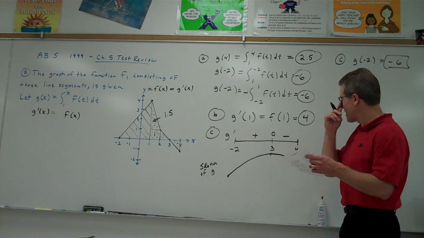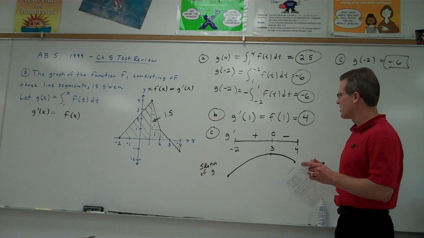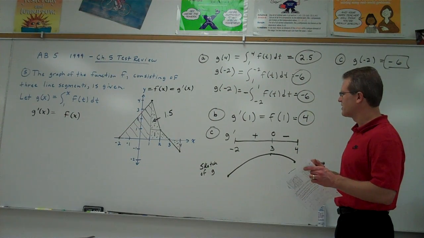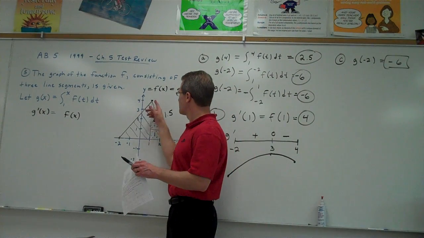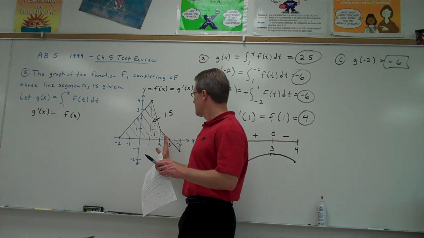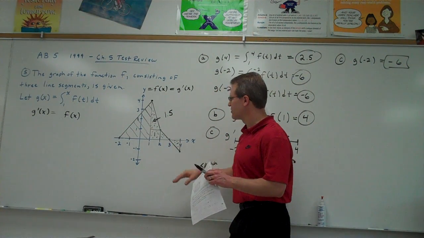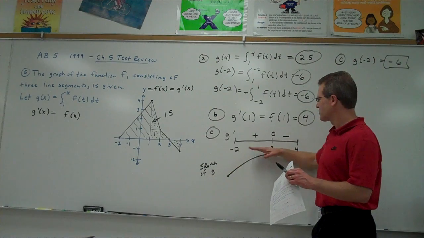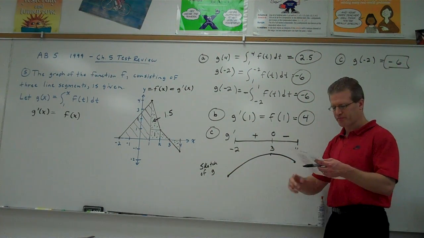And then to justify it, this number line chart could justify it, but you also should explain that because the area between the function and the x-axis is greater from -2 to 3 than the area from 3 to 4, the graph is going to increase more than it's going to decrease, so the minimum will have to occur at -2.